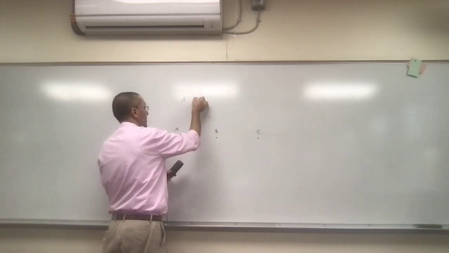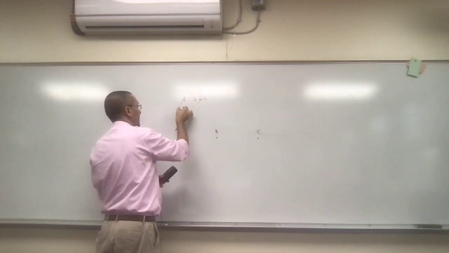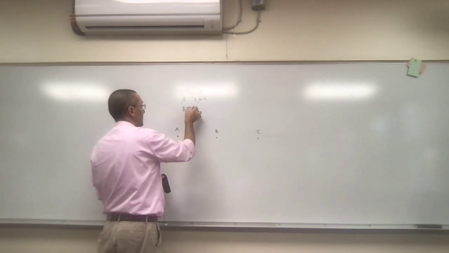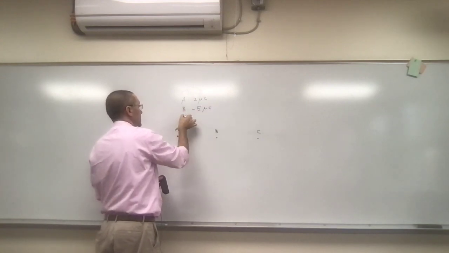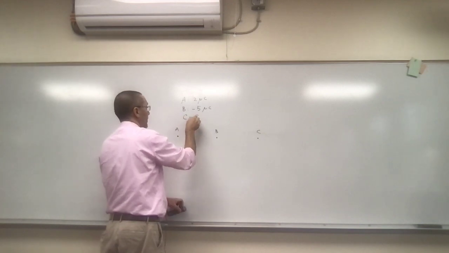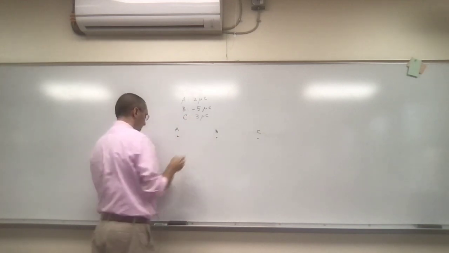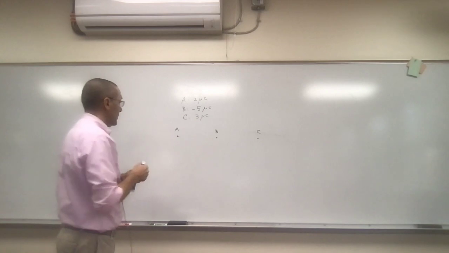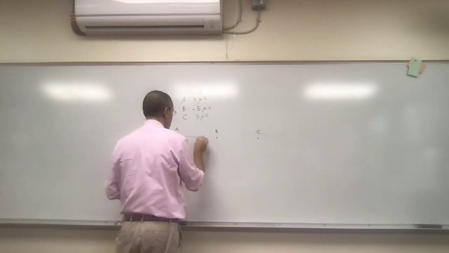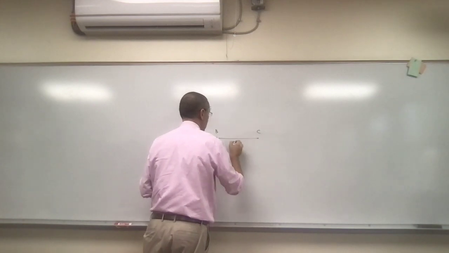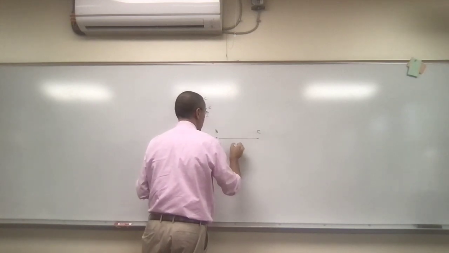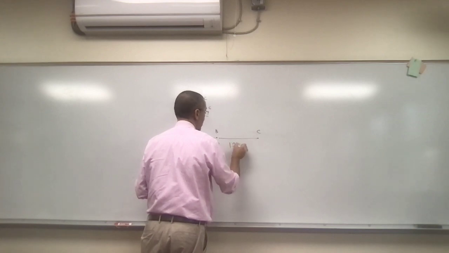B has a charge of, let's say, negative 5 microcoulombs, and C has a charge of 3 microcoulombs. And let's put some distances here. Let's say this distance here is 1 meter. This distance here is 2 meters, or maybe 1.2 meters.